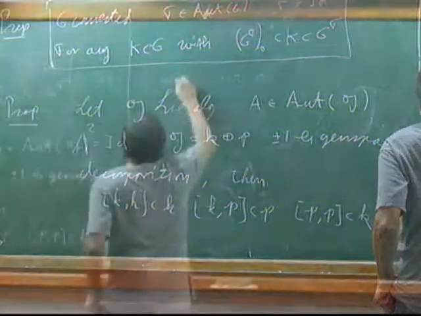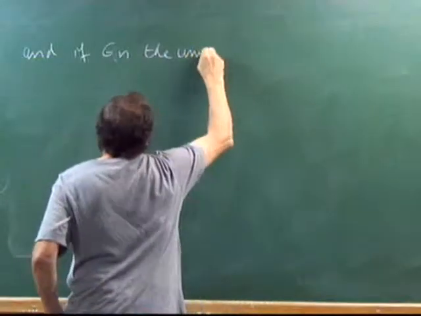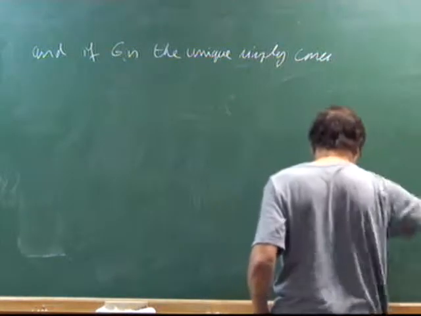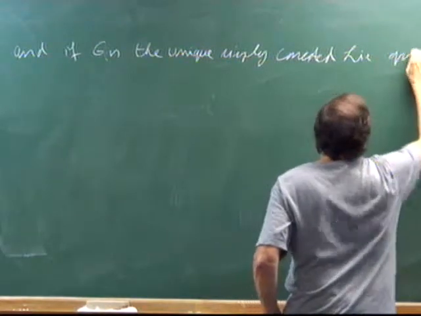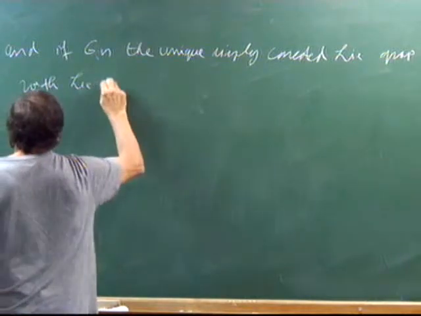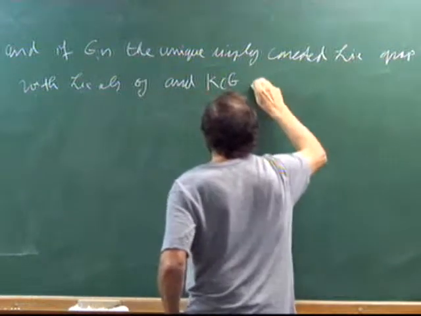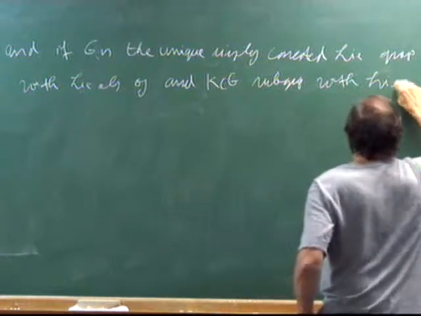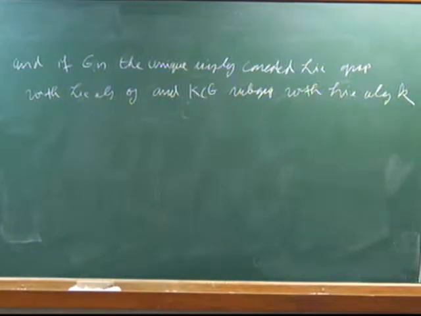And if G is the unique simply connected Lie group with Lie algebra g, and K contained in G, the subgroup, has Lie algebra k, which it is because of this relationship right here.